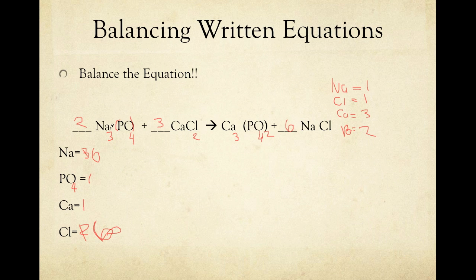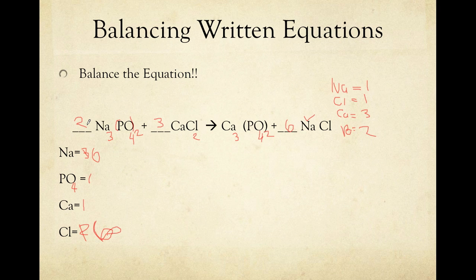When we distribute it, we have 6 sodium molecules here, 6 sodium, perfect, check. Phosphate, we end up getting 2 on this side, checks. Our calcium, we have 3 because when we distributed 3, checks. Chloride, we have 6, remember distributed 3, 6 chloride, checks.